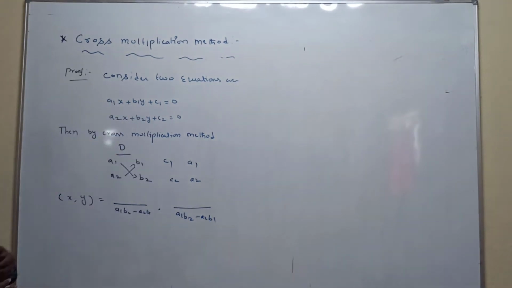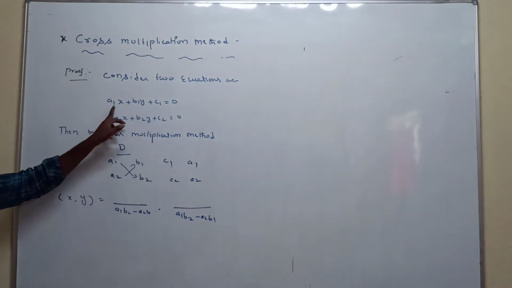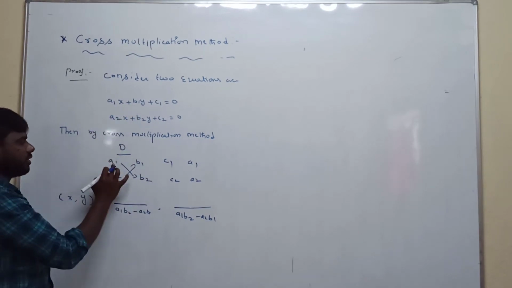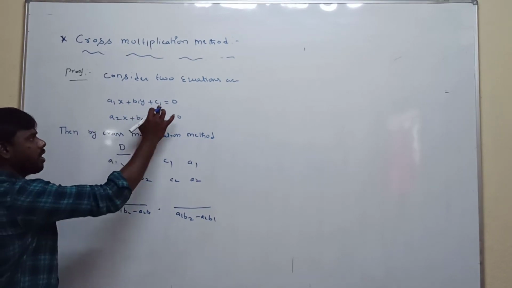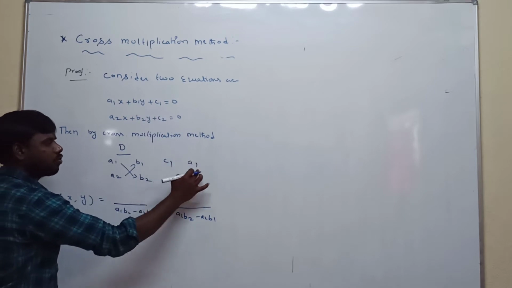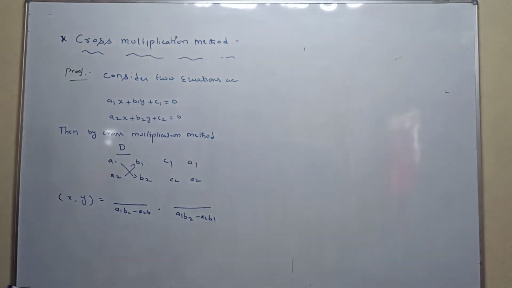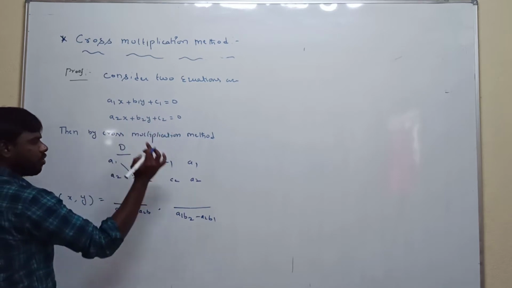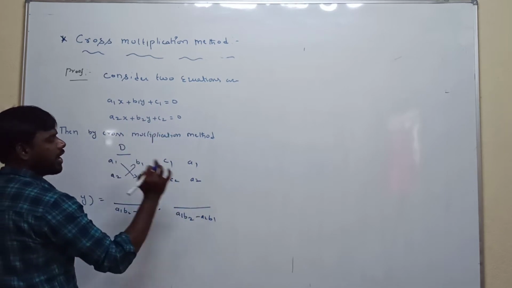So what are the given equations? First, write the x, y and constant coefficients. First equation: x coefficient is a1, y coefficient is b1, constant coefficient is c1. Again the x coefficient is written. Second equation: x coefficient is a2, y coefficient is b2, constant coefficient is c2. Again repeat the x coefficient.